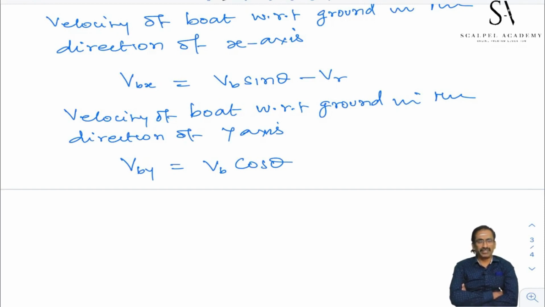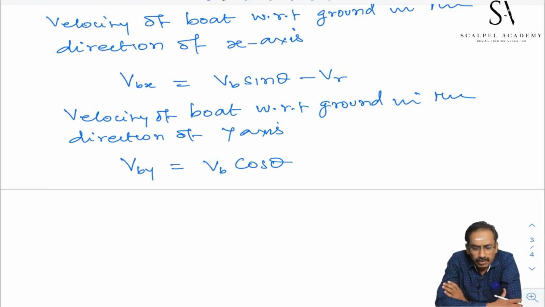While returning to your seat from the driver, 48 kilometer per hour. Like that, this boat is on the moving water. Therefore, the x component of the velocity of the boat becomes Vb sin theta minus Vr.